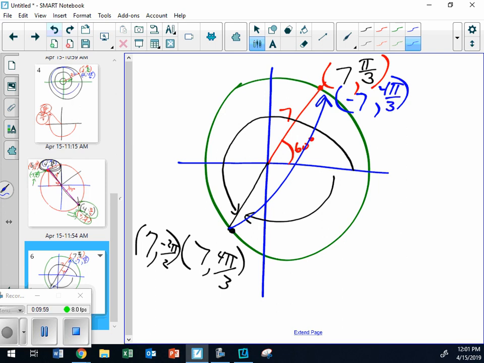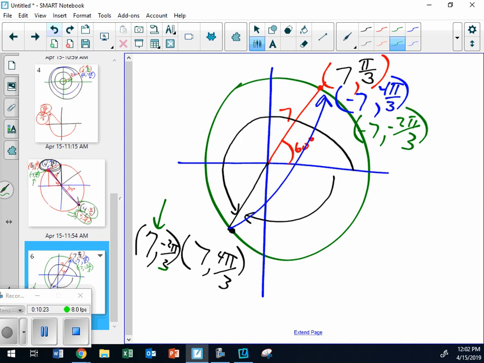Like here, I'll write that in green as option B. I could have said this one reflected, -7 comma negative, that's supposed to be a 3, 2 pi over 3. Do you remember that concept of coterminal? There's a lot of ways to say a spot. That's what we're doing here. There's a lot of ways to say that spot.